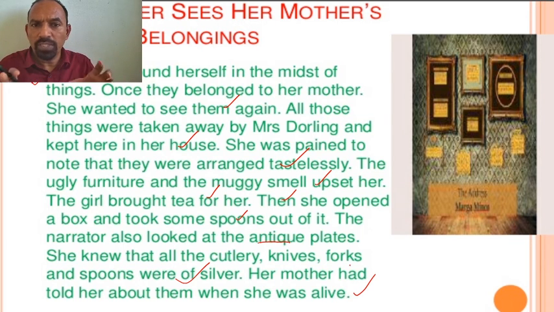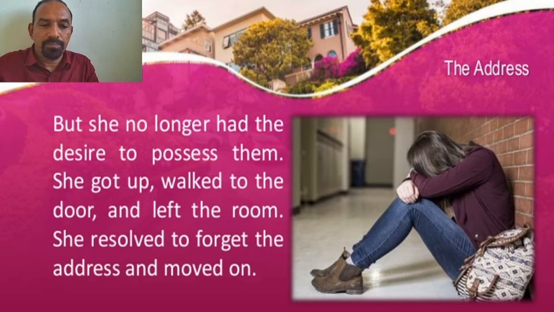So all those things kept in the room, kept in the house, were once the belongings of the narrator or the narrator's mother. Now they belonged to this house. She wanted to get them back, but she no longer had the desire to possess them.